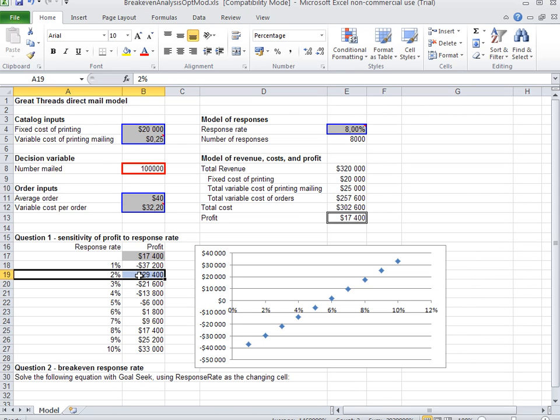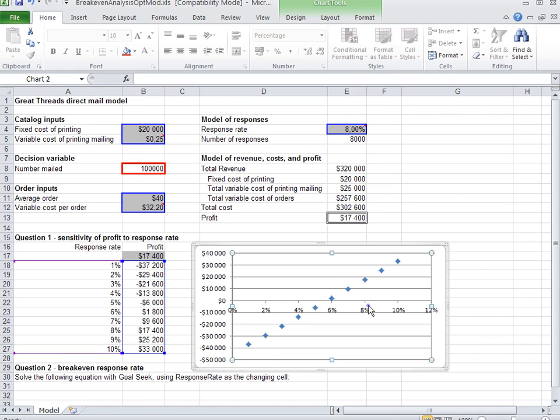So for instance, there is 1% response rate and its profit, 4% response rate and its profit. So the response rates are going to go to the x-axis, and here they are on the chart, and the profits are going to go to the y-axis, and here they are.